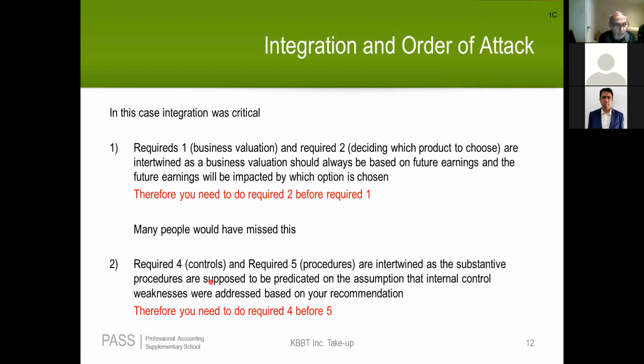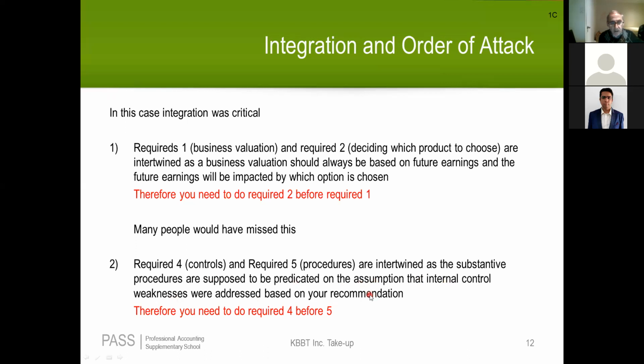Point number 2 says required number 4, in which you were critiquing controls, and required number 5, in which you were coming up with procedures, are intertwined because the substantive procedures, you were told, are supposed to be predicated on the assumption that whatever internal control weaknesses you identified had already been addressed. They'd already been corrected based on your recommendation.